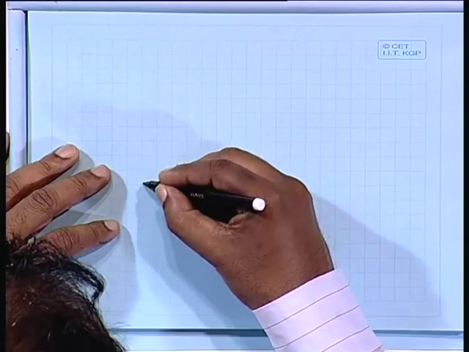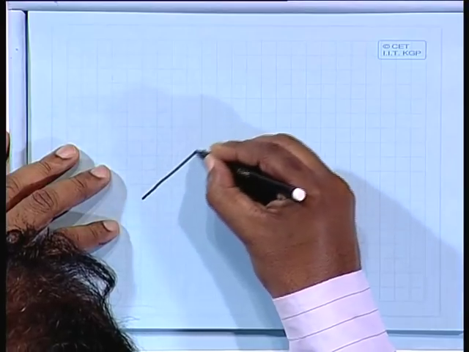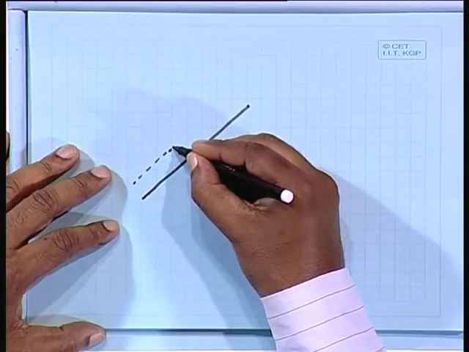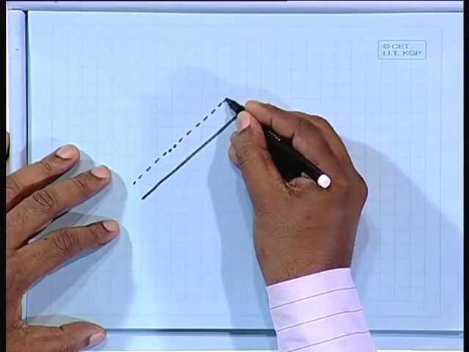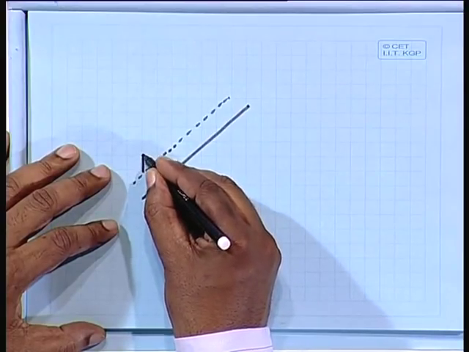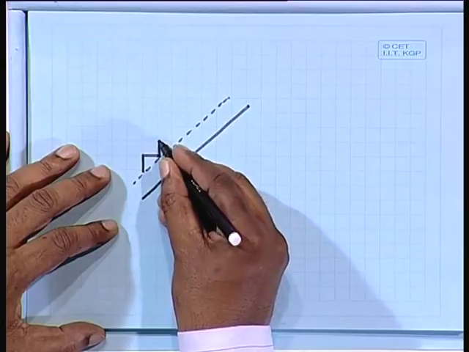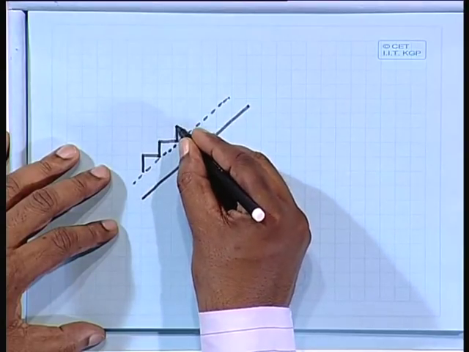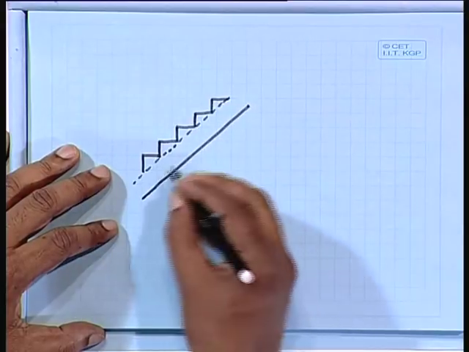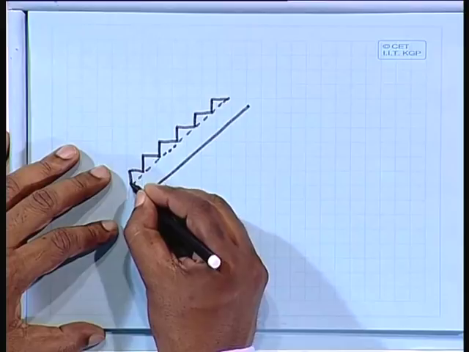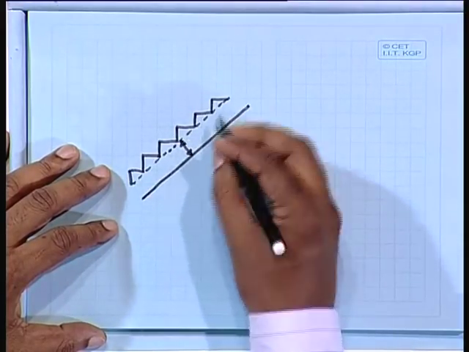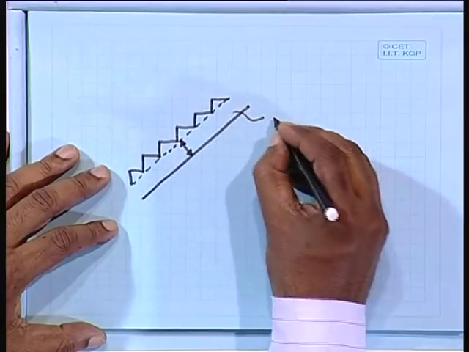If I now draw the figure, this is the slab which we have to design. Over that you have these steps. We have to design. What about this depth? This is called waist.